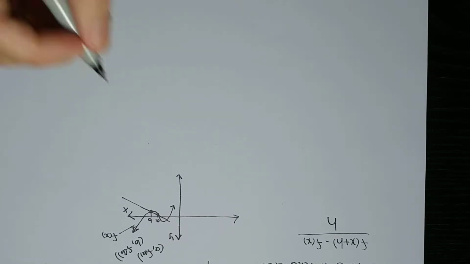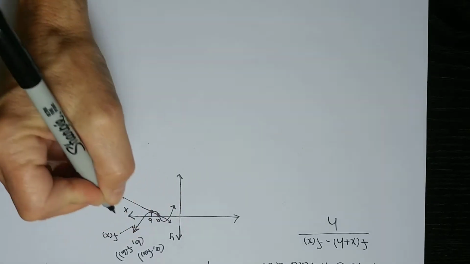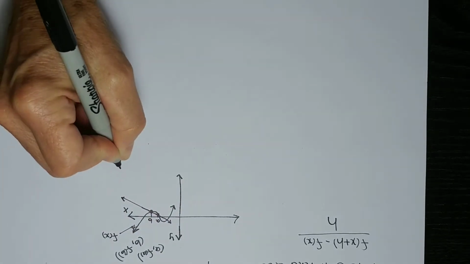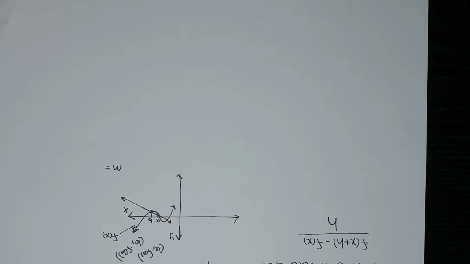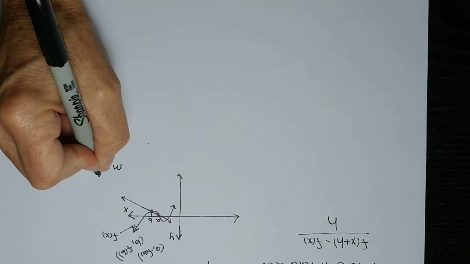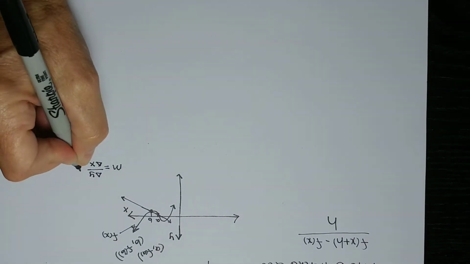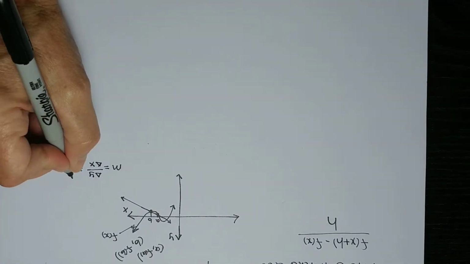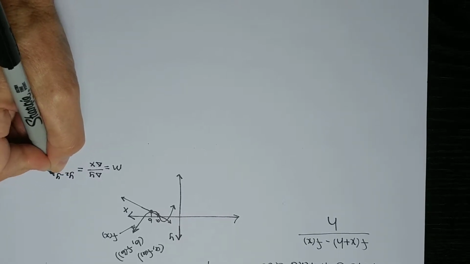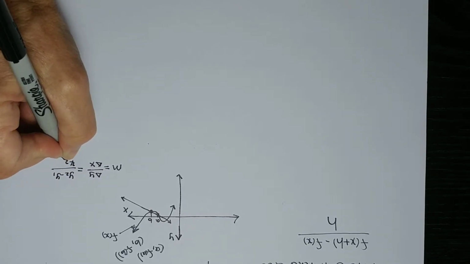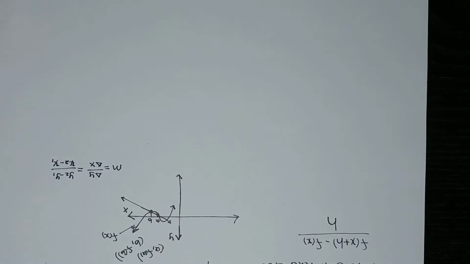So if we consider slope, and I know that you are familiar with slope, m is equal to rise over run. It's equal to the change in the y values over the change in the x values, or the difference in the y values, y2 minus y1, over the difference in the x values, x2 minus x1.